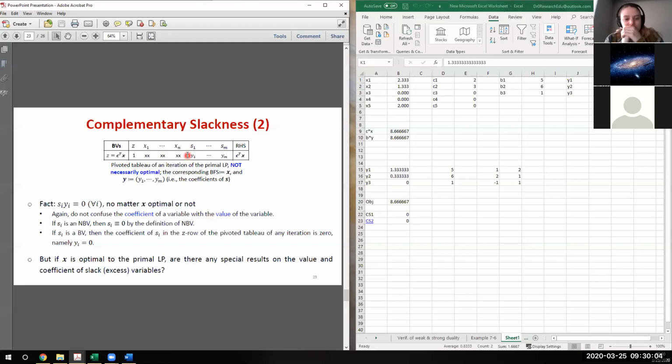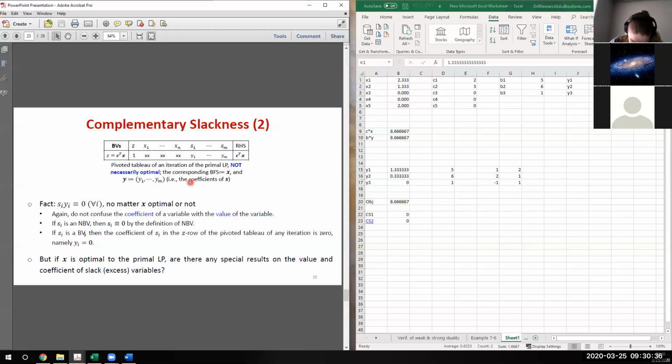In a pivoted tableau, the coefficients in the first row, in row 0, for all basic variables must be 0. So if si is the basic variable, then I must have the corresponding yi equal to 0. So no matter which case, si and yi, one of them must be 0. That's why forever I have si yi equal to 0.